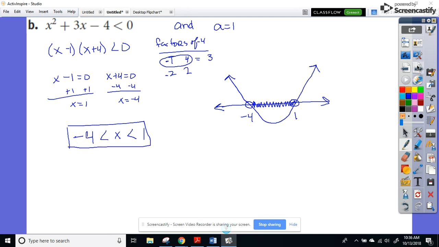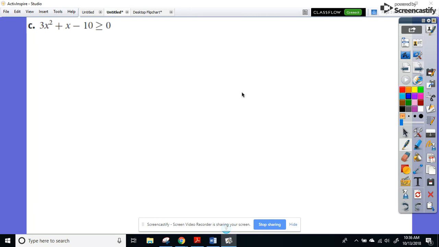Okay, last example, and I will use the numerical method like Springboard did. I'm going to start off by noticing that it's greater than, so it is going to be an or. A is not equal to 1, but there is no GCF, so I'm going to have to use the AC method.